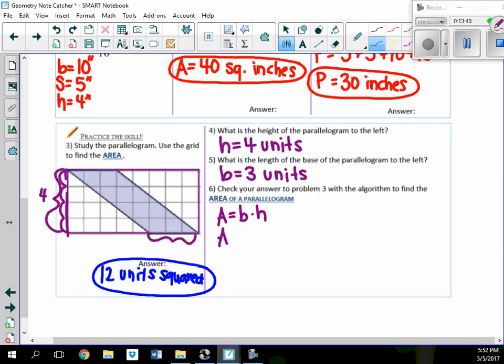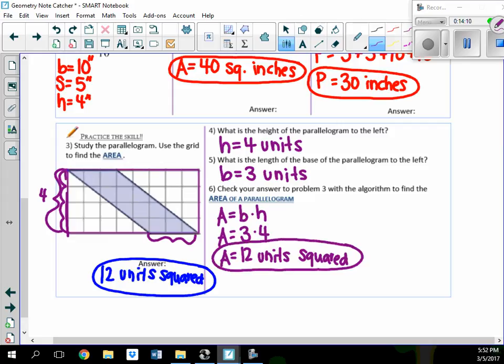So our area is equal to 3 times 4. So our area here equals 12 units squared, which is the same answer that we got when we counted up the squares, just a little bit more efficient.